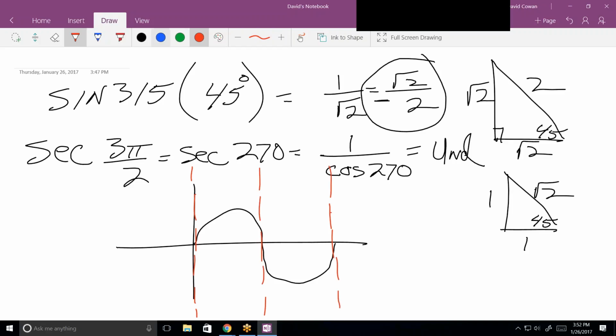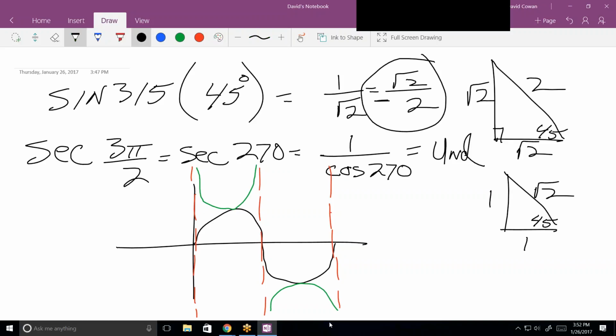And so if I'm drawing the cosecant curve, it goes on the peaks of the sine and the valleys of the sine, and it's asymptotic with these vertical asymptotes.